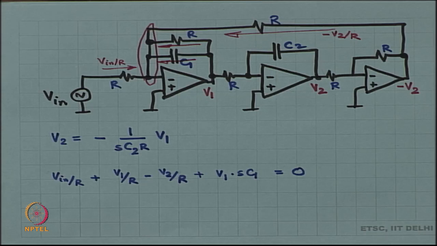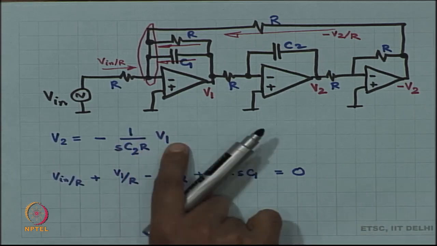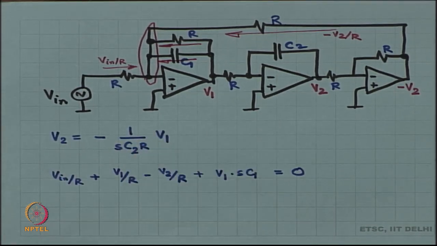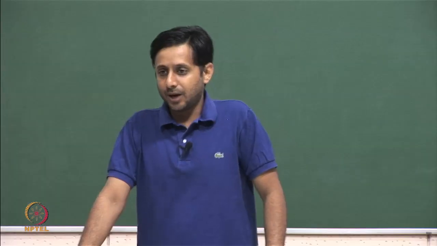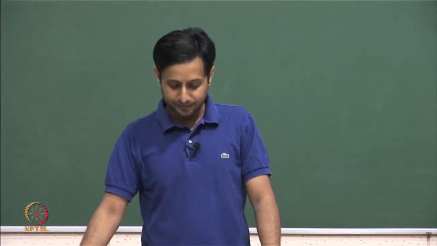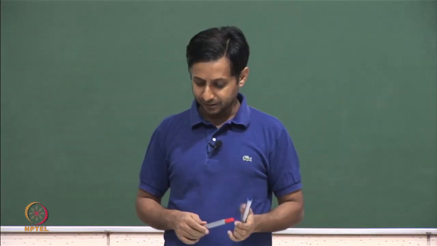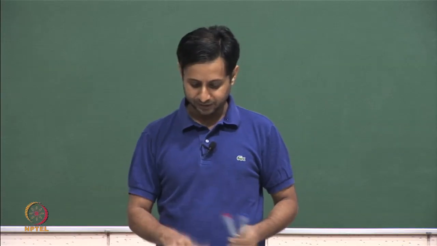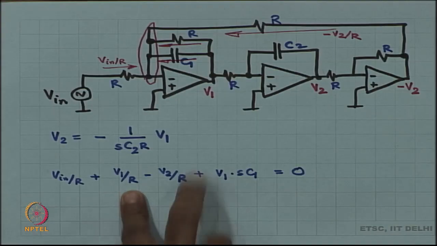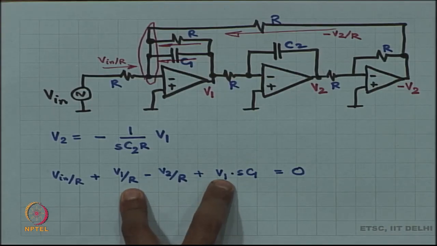Okay. And over here we already know the relationship between V2 and V1. So, let us say that V2 is my desired output quantity. If I think that V2 is the output of the circuit, or minus V2 is the output of the circuit, then we are going to replace all the V1s in the equation with V2.